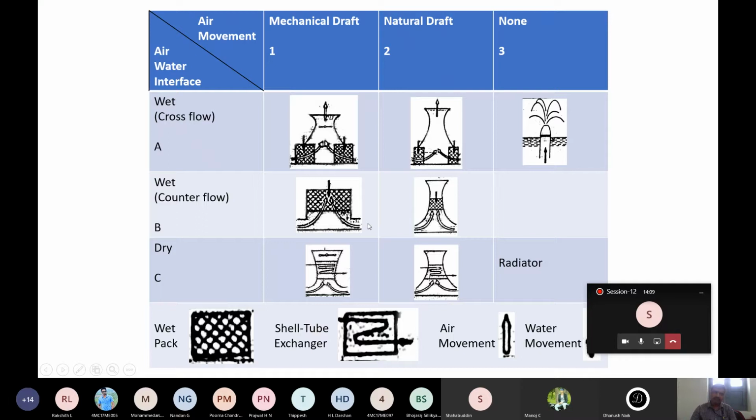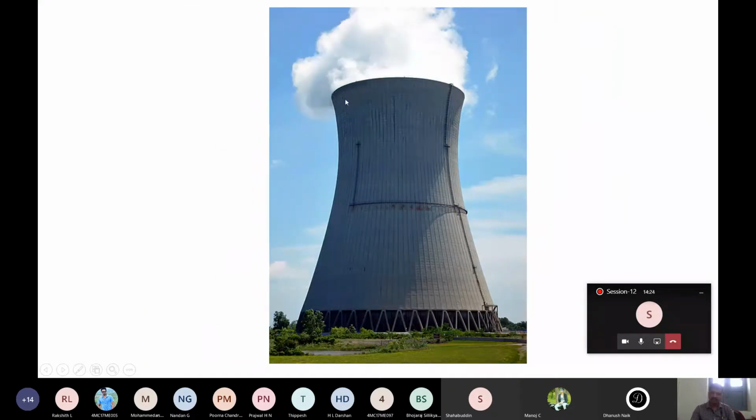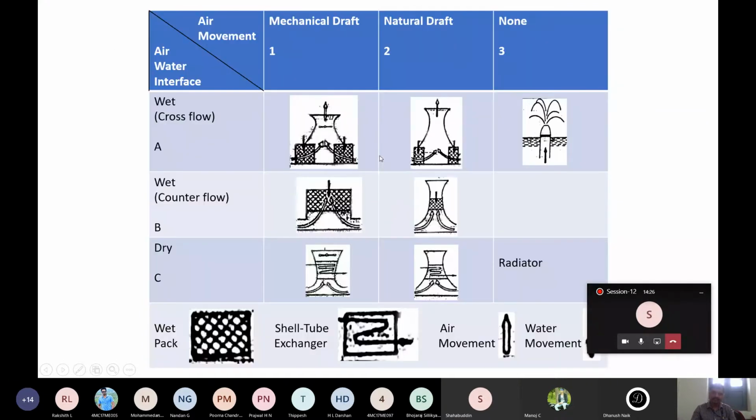So you are considering two parameters: air movement and the air-water interface. Again, for the movement of air, draft is required. This is one cooling tower, as we saw in this figure. This is one solution, the cooling tower, and this is the representation of a fan.